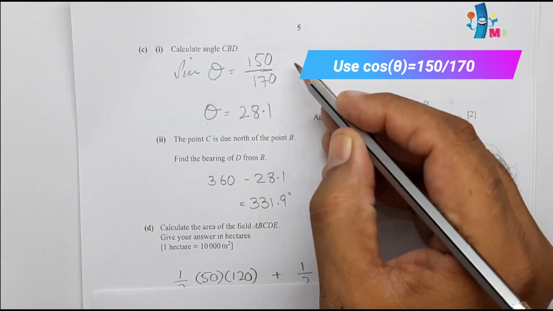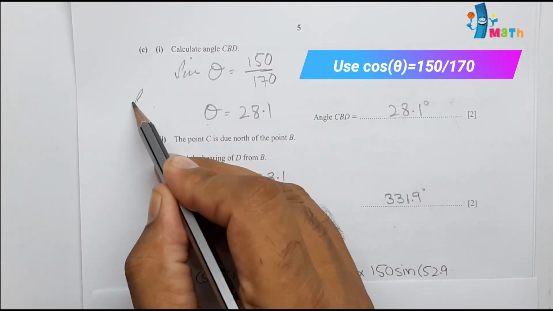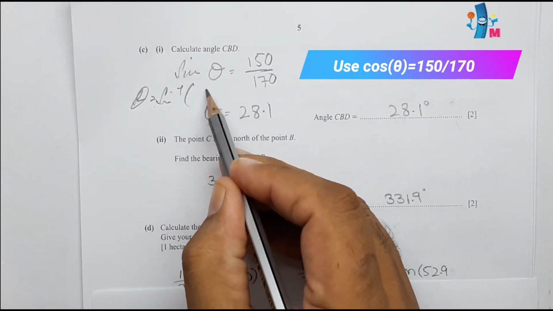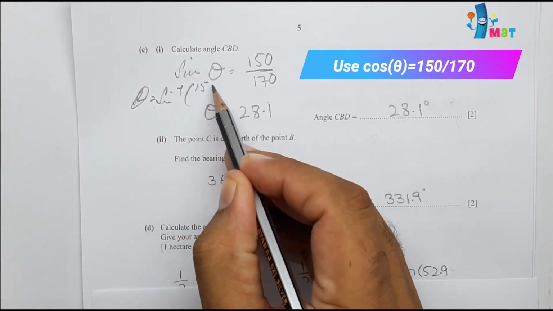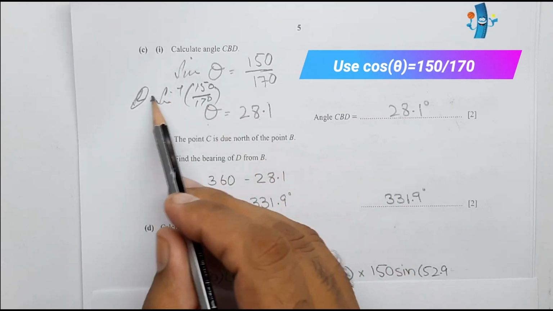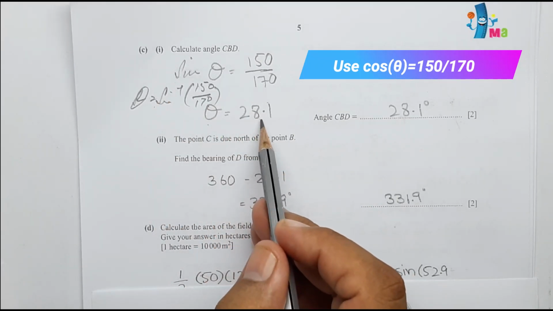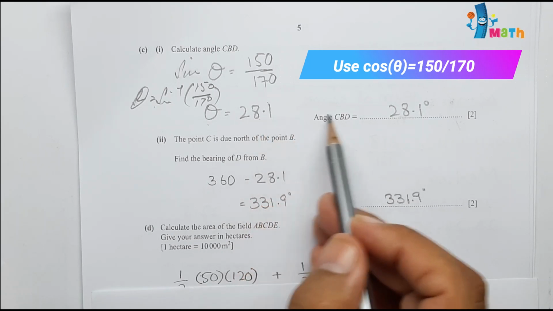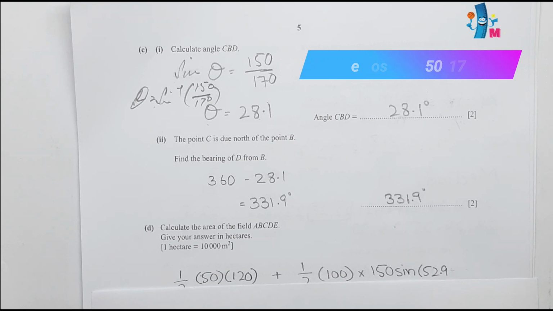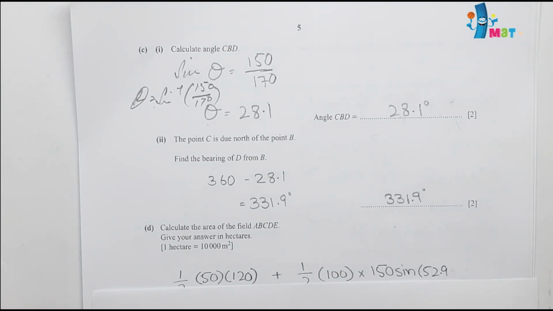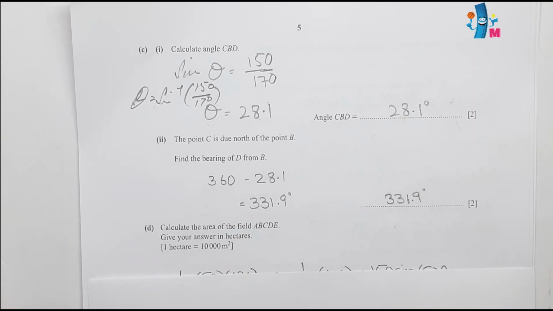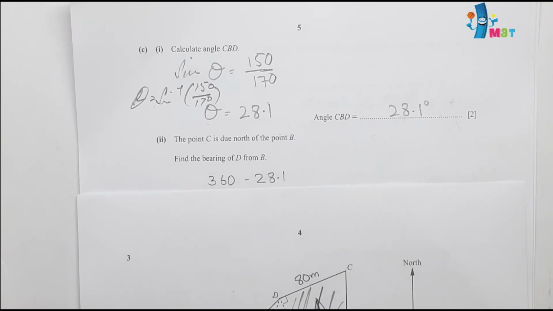We can write one more step over here: theta is equal to sine inverse of 15 over 17, or 150 over 170, and if we calculate by calculator we'll get 28.1 degrees. Now second part, C2, the point C is due north of the point B.